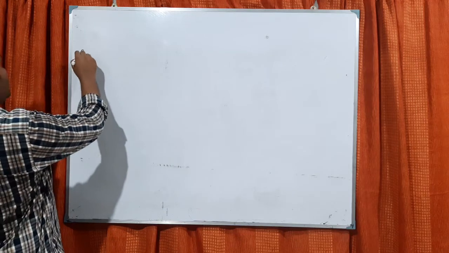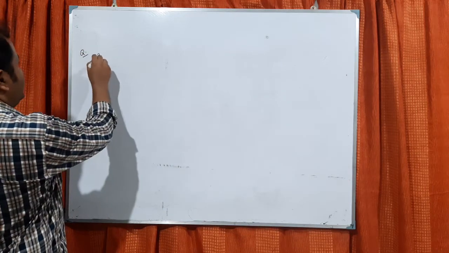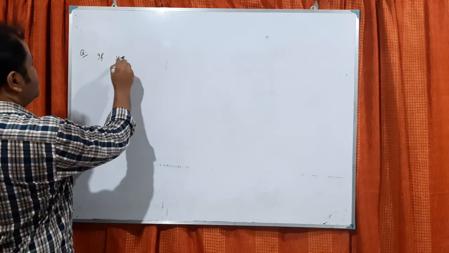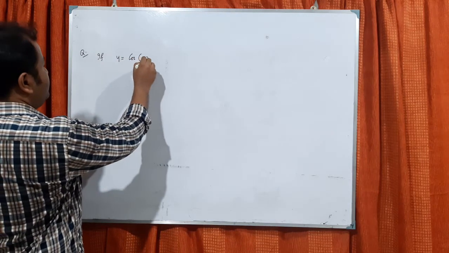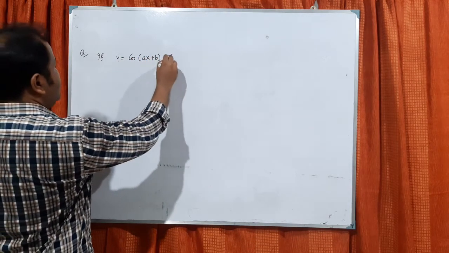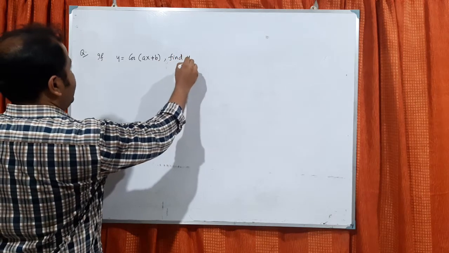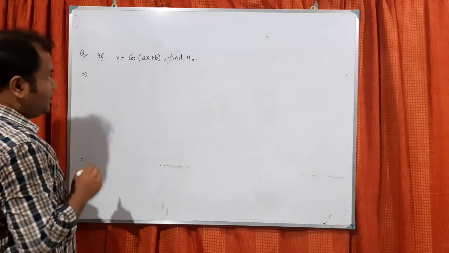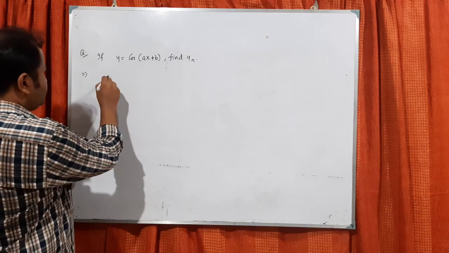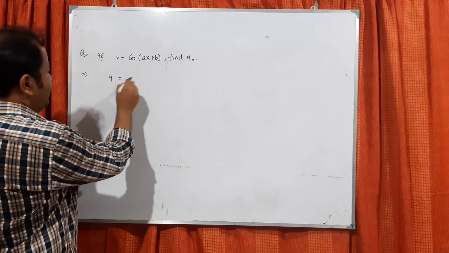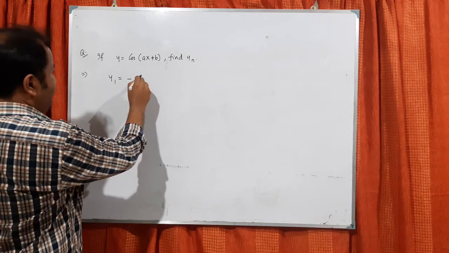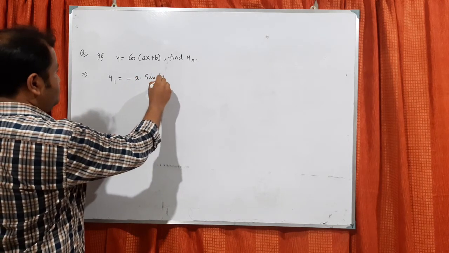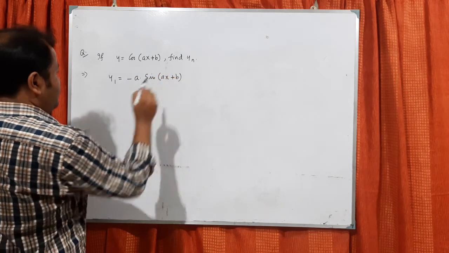Say, if y equals cos of ax plus b, find yn. So this problem is there. How to do the solution? We know y1 will be minus a sine ax plus b.